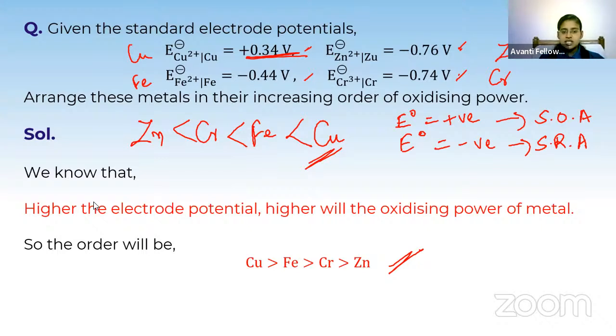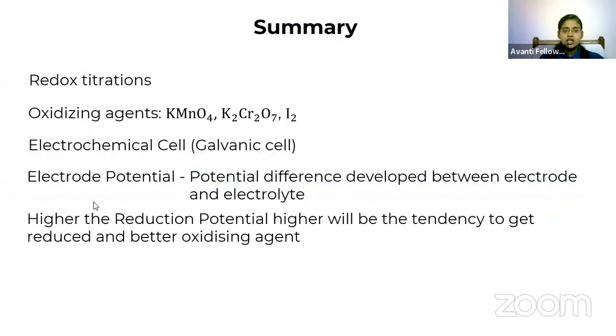So with this, the lesson is getting over. Let me summarize today's topic alone. We started with redox titration and we discussed the three oxidizing agents. I have discussed the two types of electrochemical cell, one is galvanic cell and the other one is electrolytic cell. Also we have discussed the electrode potential, which means the E value, and standard electrode potential, which is E naught.